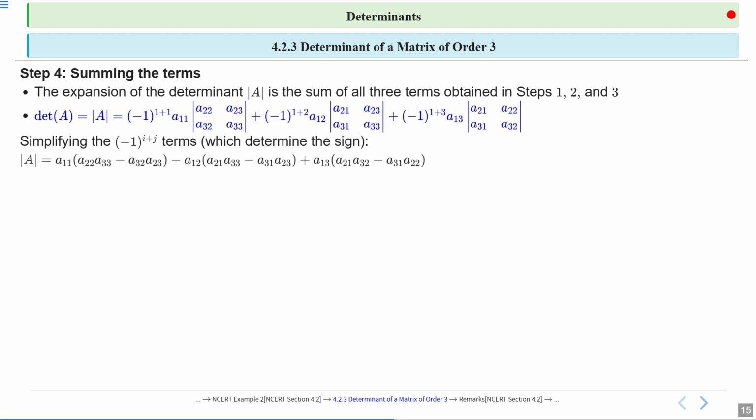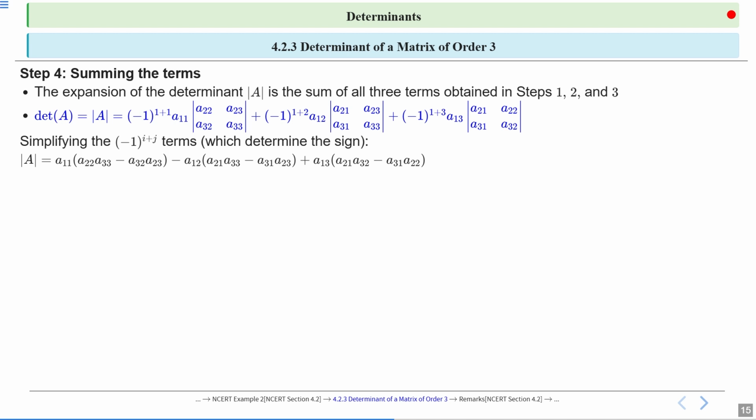Now simplify the minus 1 the power i plus j terms, which determine the sign. The determinant of A is A11, and then we calculate the determinant of order 2 cross 2, that is the product of diagonal elements minus the product of off diagonal elements. So we get A22 into A33 minus A23 into A32.